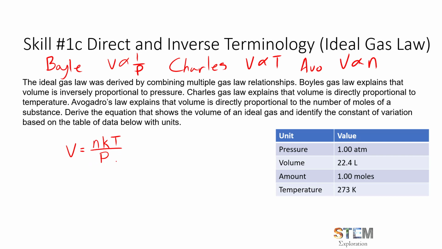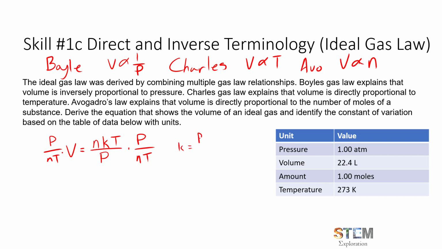But if we now want to solve for this constant, we should rearrange the equation a little bit so that it equals K. So what I'm going to do here is multiply both sides by P over NT. This, I know, is probably a fairly simple chapter 1 type skill, but you should still be able to do it.